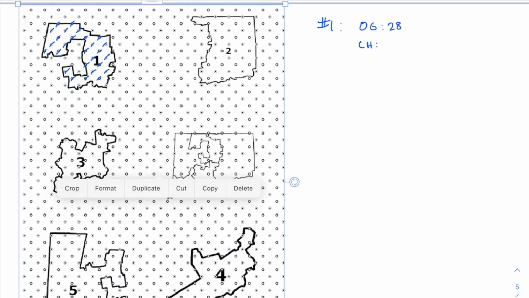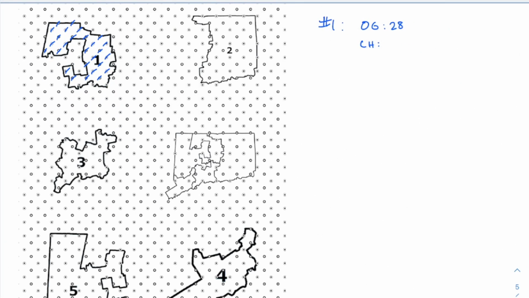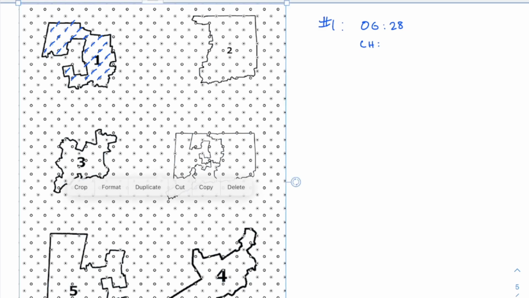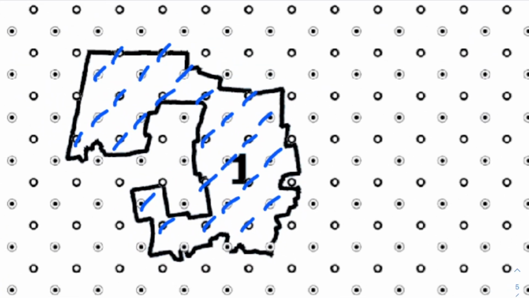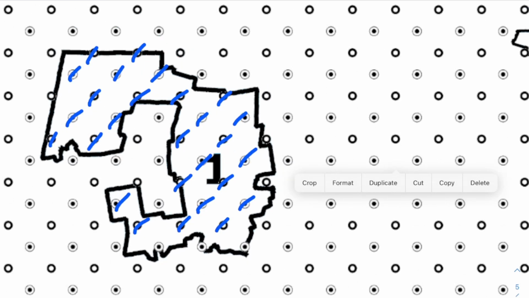So for that, first of all, I'm going to draw in the convex hull. Now, to get the convex hull of this shape, you have to fill in all of the inward intrusions.